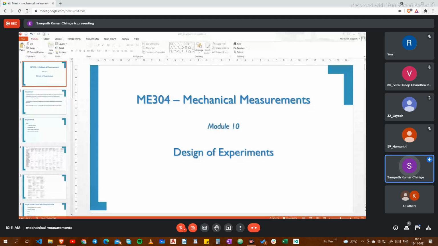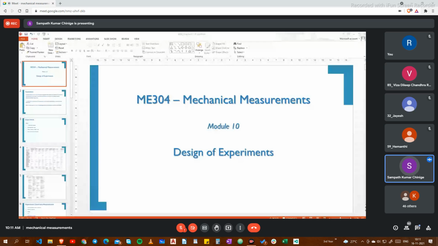Before going into the experiment, what is the basic definition of an experiment? Someone asks you, define experiment. How do you define it? An experiment is a test, maybe one single test or a series of runs, or the same experiment we run several times, in which we have purposeful changes.